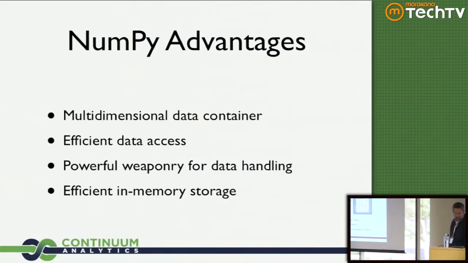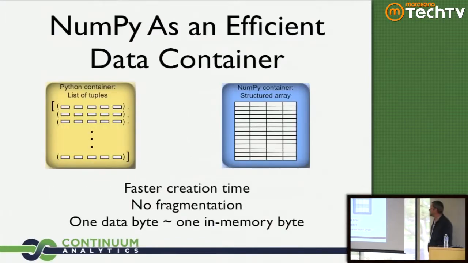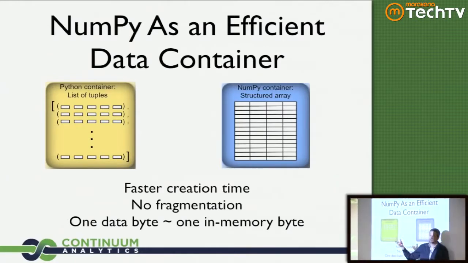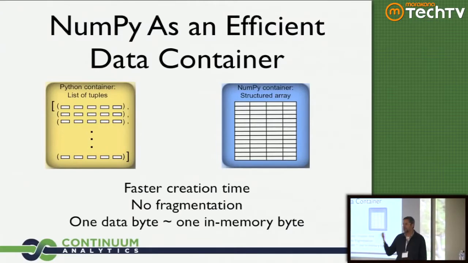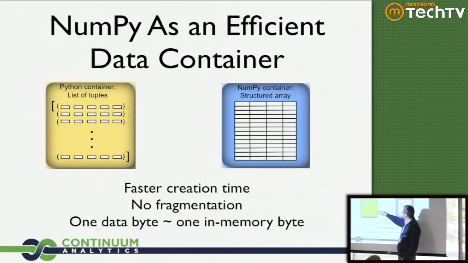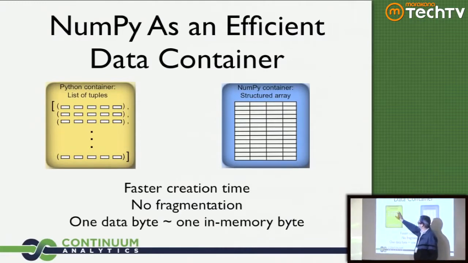Let me show you an example of how NumPy is much more efficient than the containers that Python normally provides. For example, if we are retrieving data from our relational database, and we are using a native Python driver, the way the driver will handle the data is that it will return a list of tuples.